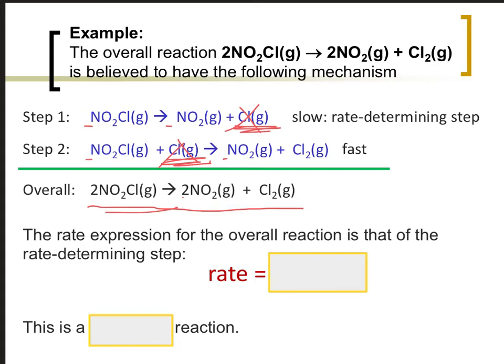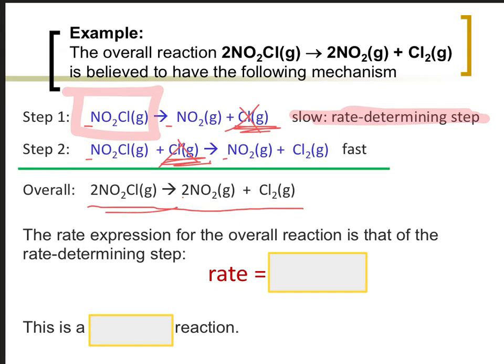Now that we understand the details of the mechanism itself, let's try to write a rate law based on identifying our rate determining step. Now we know the rate law should be based on only the reactants of only that slow rate determining step.